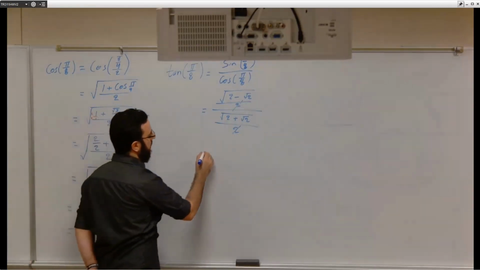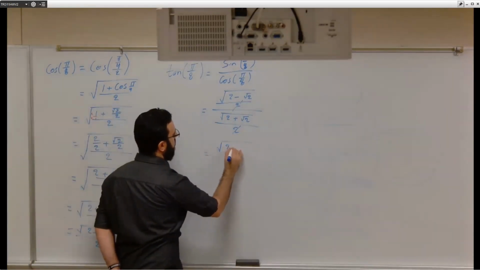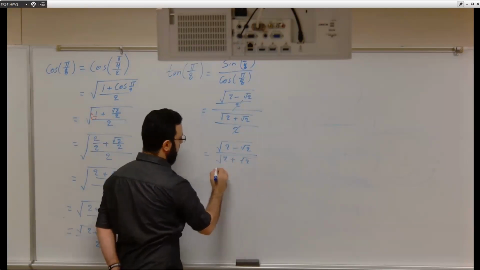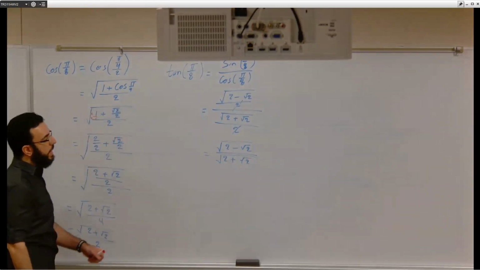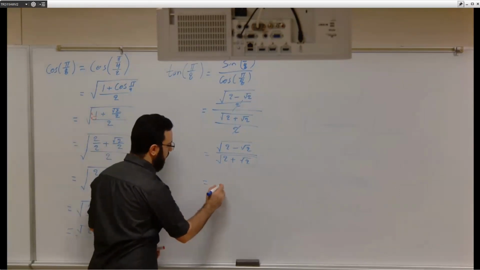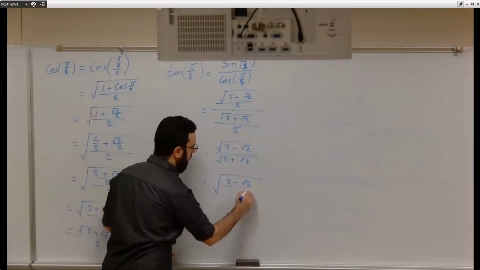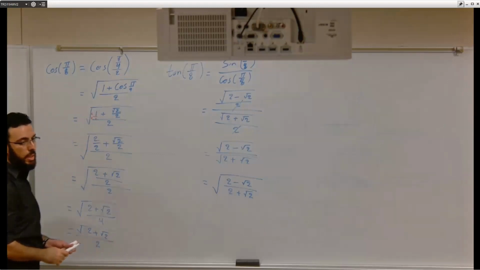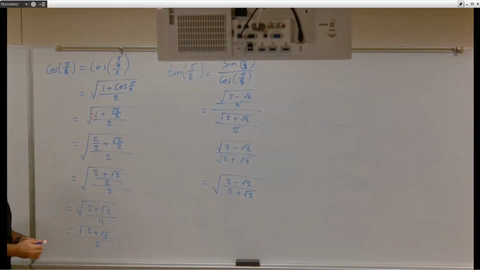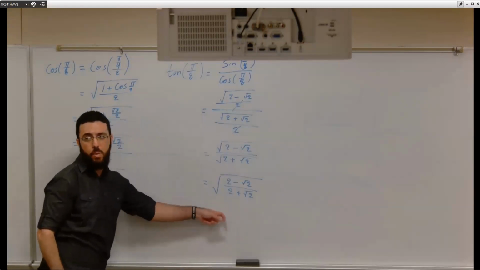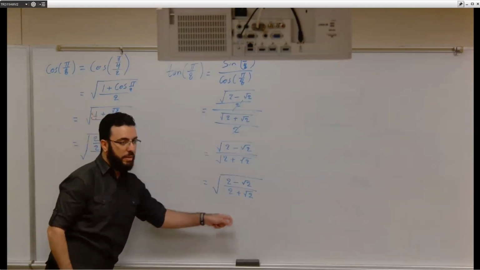No. Square root of 2 minus square root of 2 divided by 2 plus square root of 2. Well, there's another root here. Now, can I write down everything here under one root? Can I do that? Because they are the same root, square root and square root, so I can write down everything under one root. How am I going to simplify this one?